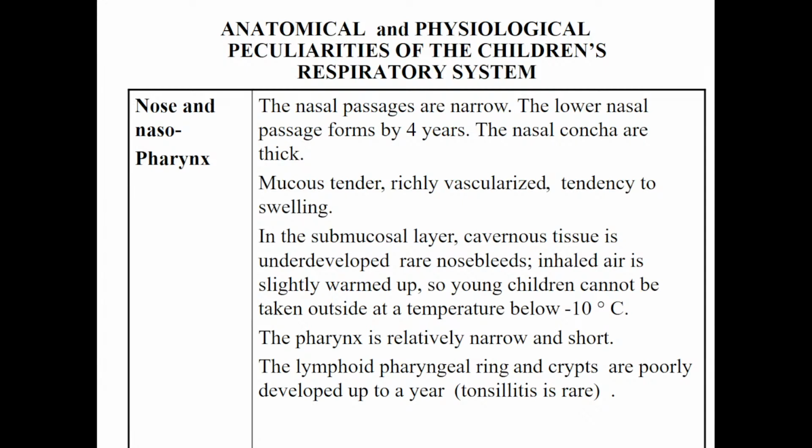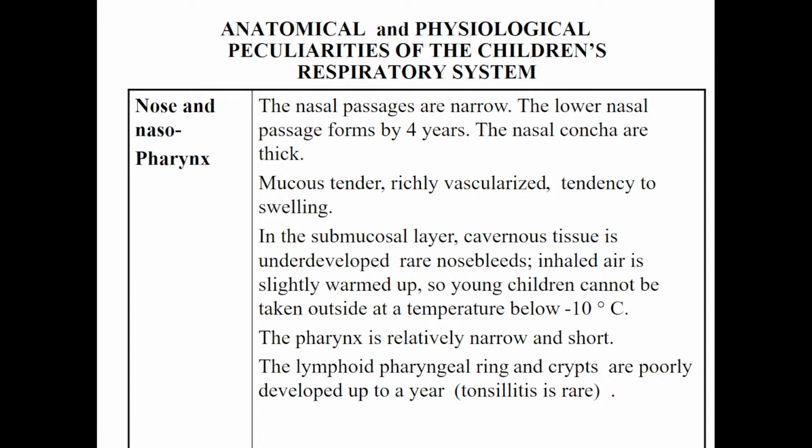In the submucosal layer, cavernous tissue is underdeveloped, which explains rare nosebleeds. Inhaled air is slightly warmed up, so young children can't be taken outside at a temperature below minus 10 Celsius.